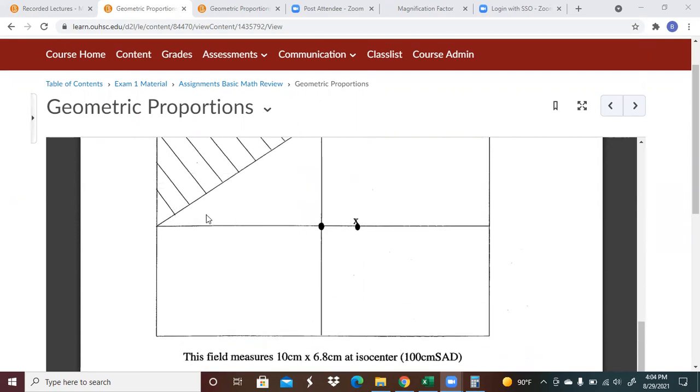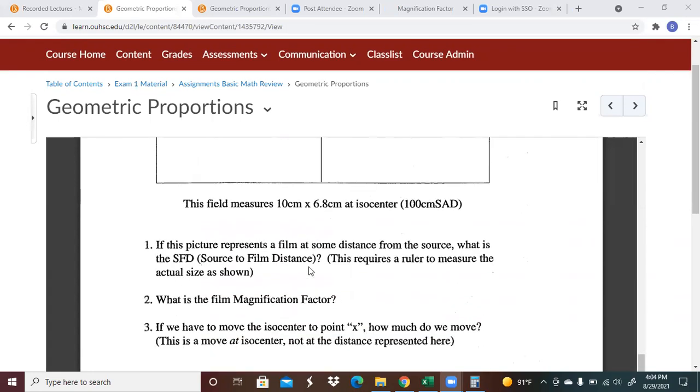The field size at isocenter should actually just measure 10 cm here. But when you print this out, it's going to measure at something different. You should come up, let's see, with a distance of about, let's see, 132.5 cm.